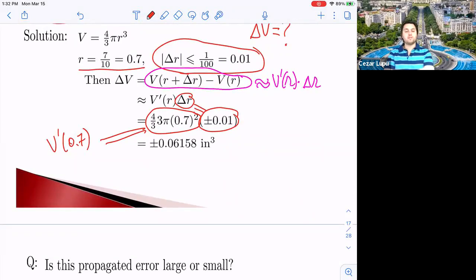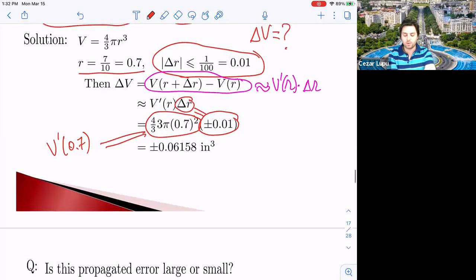Do you think that this propagation error is large or small? So in other words, we need to compare, what does this mean? Can you translate this? So what do we mean when we say that this propagated error is large or small? So what do we exactly want by that?